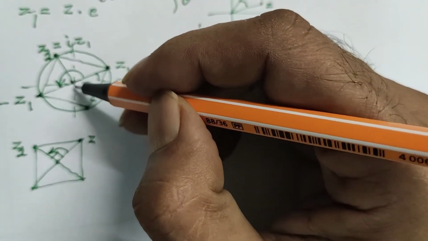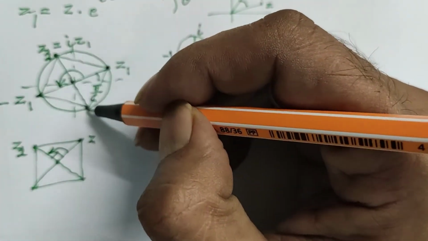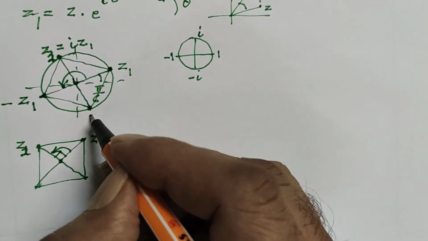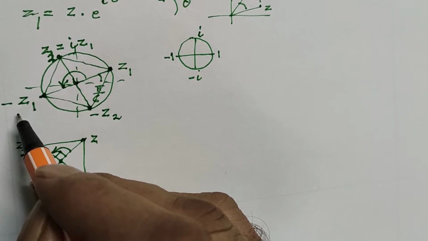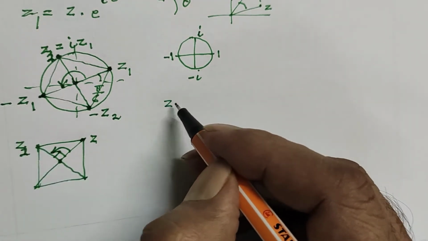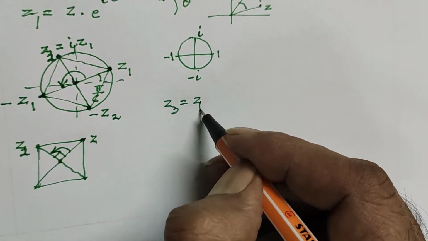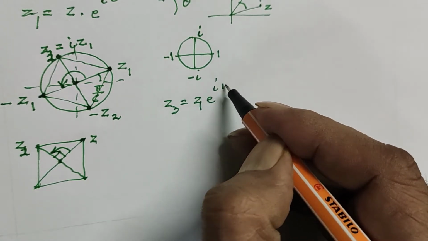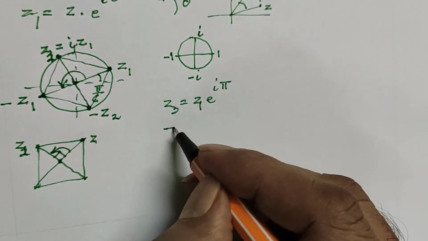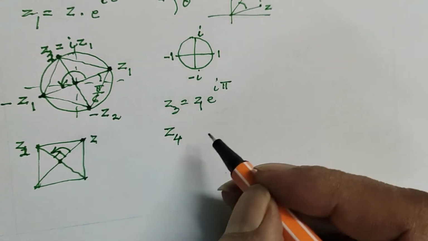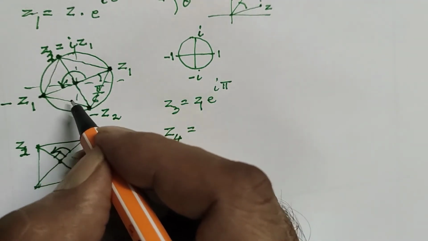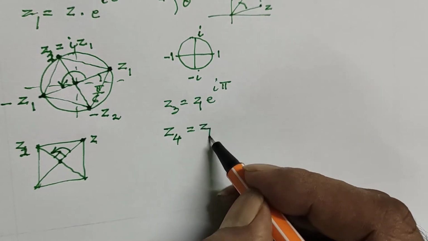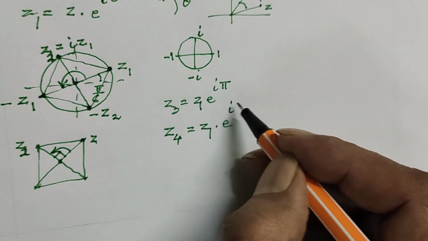And this other thing also is a straight line, so this will be minus z2. We could also have written this z3 as z1 e^(i pi), and z4, that is this point, is pi by 2, pi by 2, pi by 2, so z1 into e^(i 3 pi by 2).